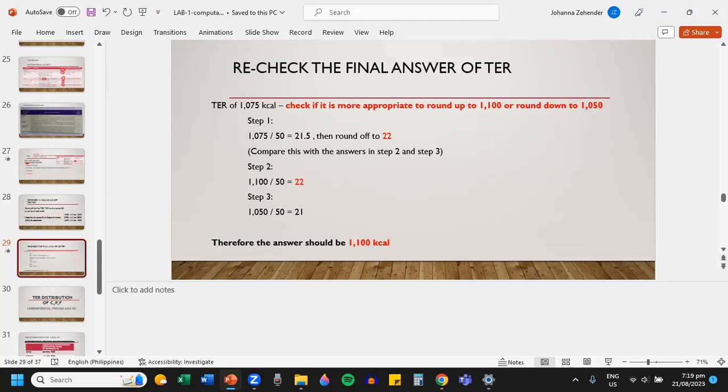You're going to compare this to the answers in step 2 and step 3. Next you're going to divide 1,100 by 50. That would give you an answer of 22. And then step 3, 1,050 divided by 50 is equal to 21. So the final answer will be 1,100.